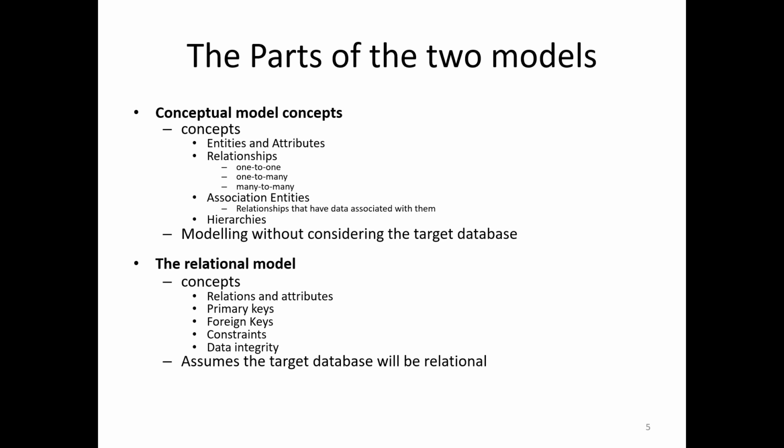So these entities and their attributes are the main concept in conceptual data modeling. It deals with entities and their attributes, and how these entities can be connected to these attributes.